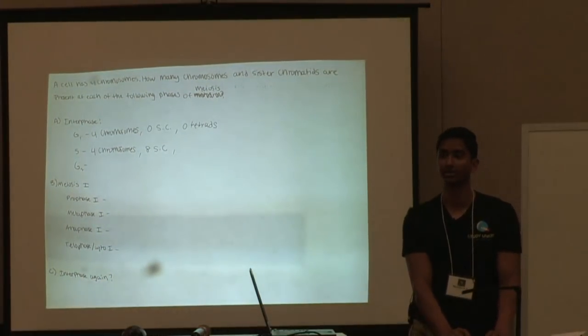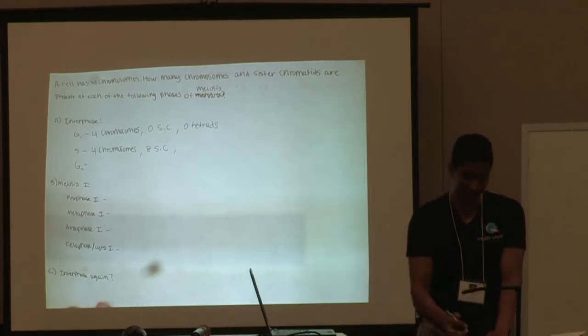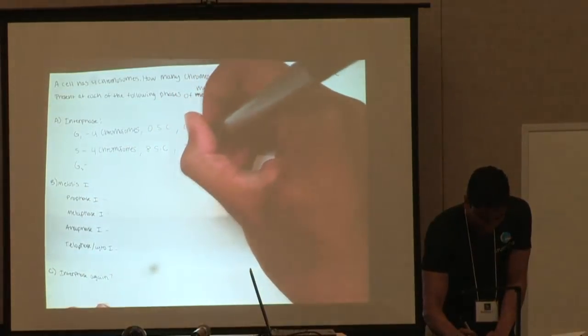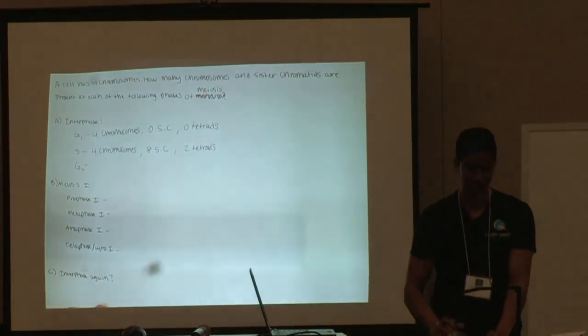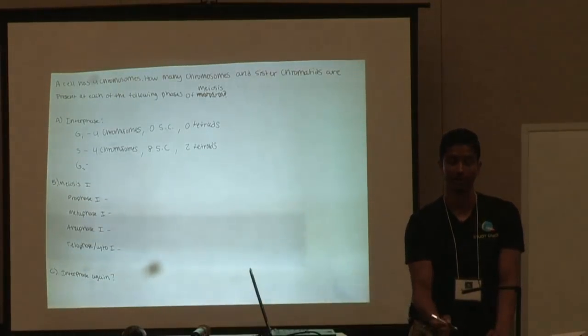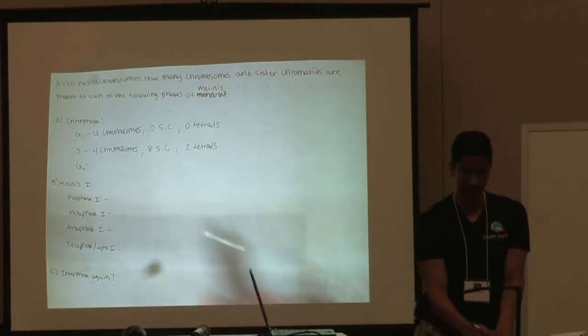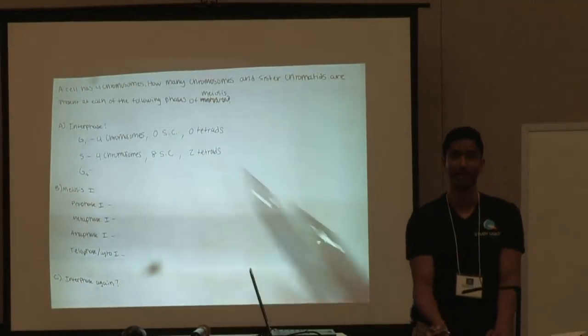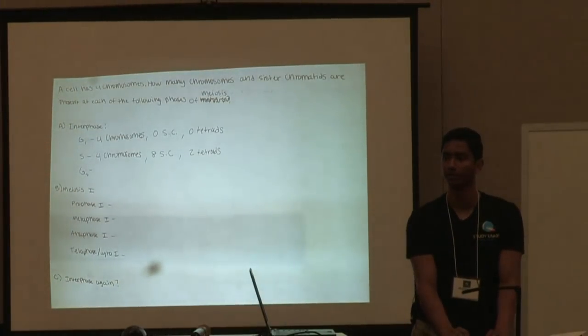How many tetrads? We haven't formed them yet? Oh, but we have. So we have 2 tetrads. So the way to remember how many tetrads you have is basically your haploid number. So if we have 4 chromosomes, we have 2 tetrads. If we have 8, how many tetrads will we form? 4, right?